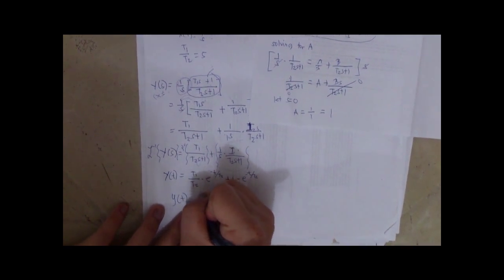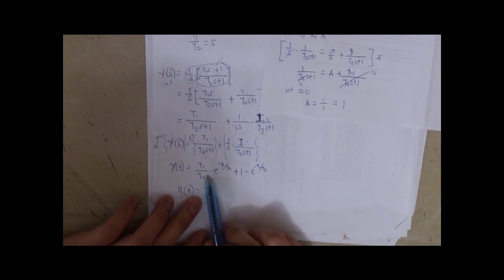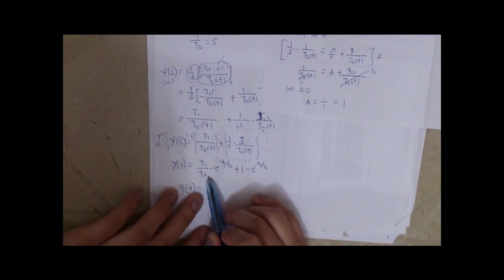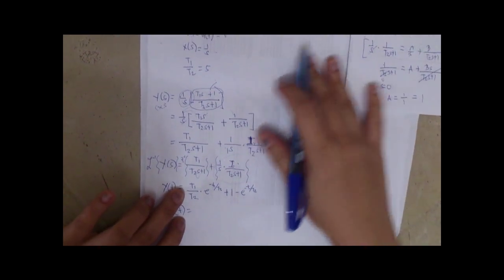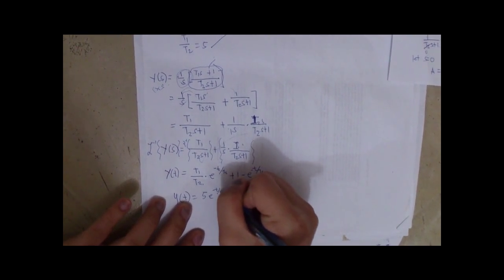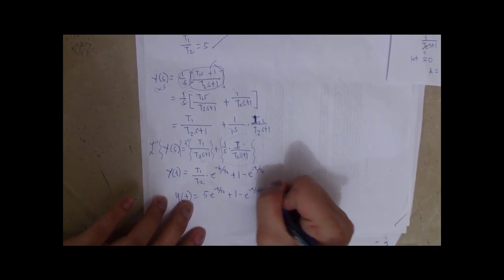So, if iuban na to ang iyahang mga like terms, so naa tay, wait. Di ba ang t1 over t2, kay naa tay given nga t1 over t2 nga 5. So, ato lang na siyang i-change diri 5 e negative t2 plus 1 minus e negative t2. Then, atong iuban ang like terms.